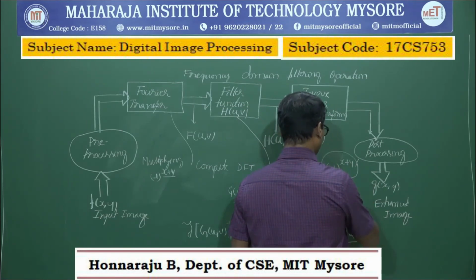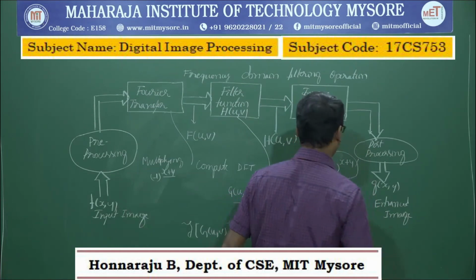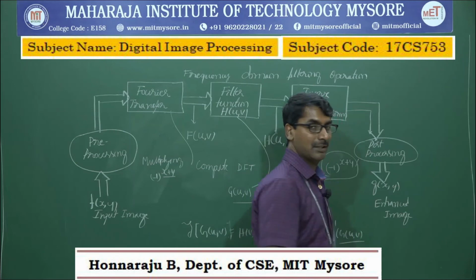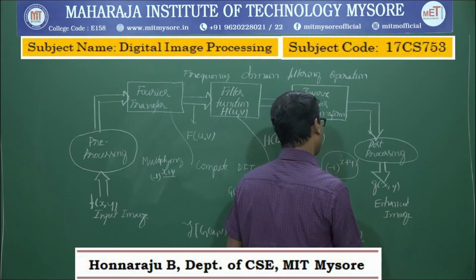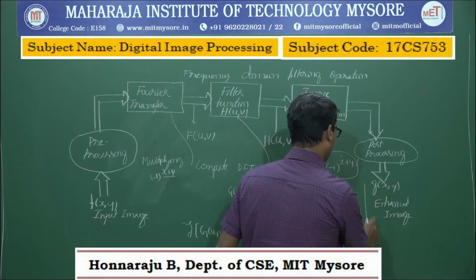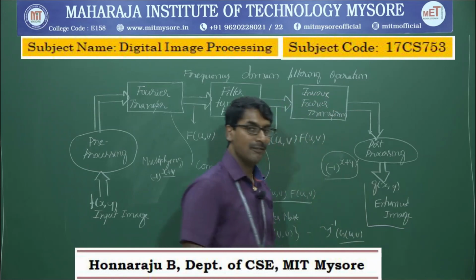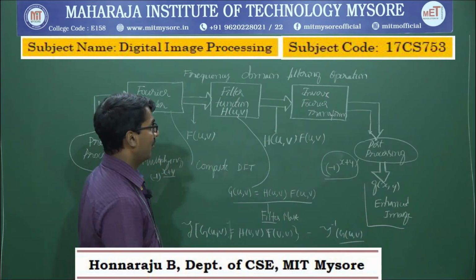To cancel the multiplication at the pre-processing step, we do a multiplication at the post-processing step. Then we get the output image g of x comma y.